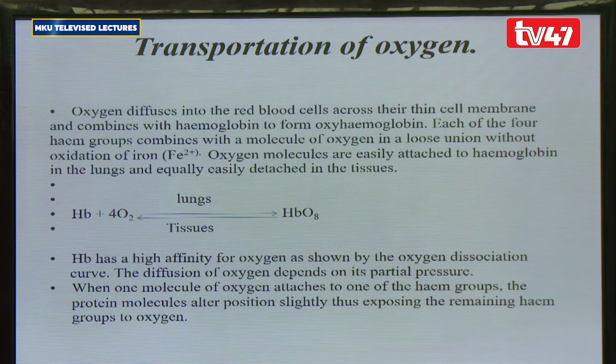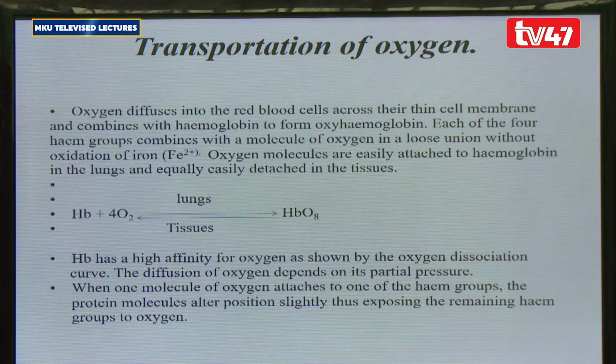To look briefly at how the red blood cells transport the respiratory gases, we start off with the transportation of oxygen. Oxygen diffuses into the red blood cells across the thin cell membrane, and then it combines with the hemoglobin on the heme groups that we talked about, forming a compound we call oxyhemoglobin. Each of the four heme groups combines with an oxygen molecule in a loose link without oxidizing the iron in the heme group.